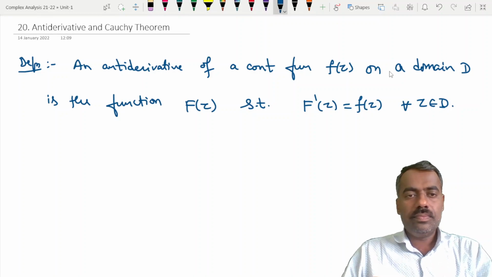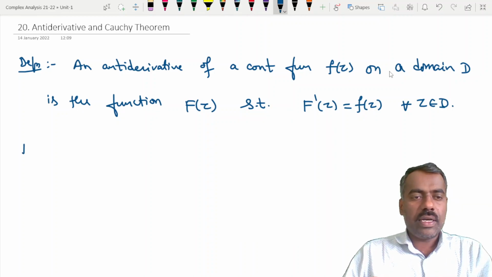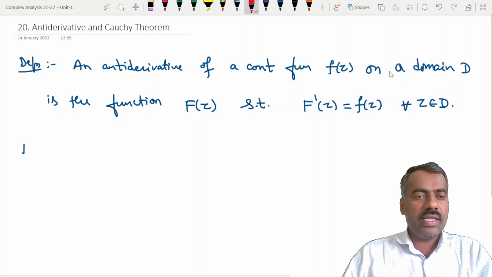Now we'll see what happens to the integration of functions which have an antiderivative. We'll give the lemma.